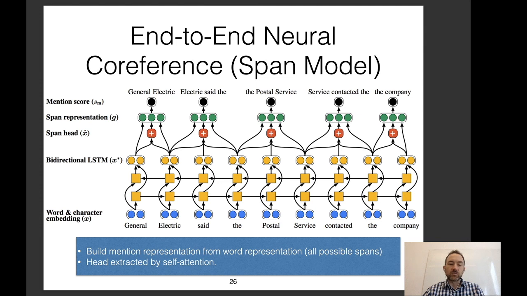So the way this model works basically is it's a model that has some sort of neural feature extractor. The original paper used an LSTM, but it could be BERT or anything else that you would want. It could even be a long document transformer if you wanted it to be.